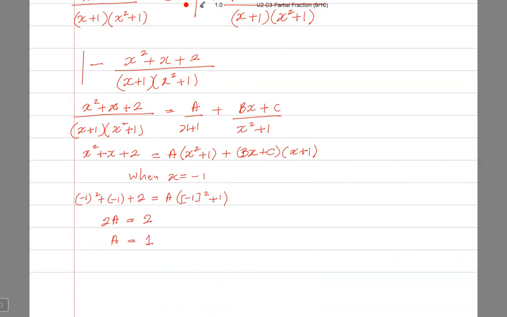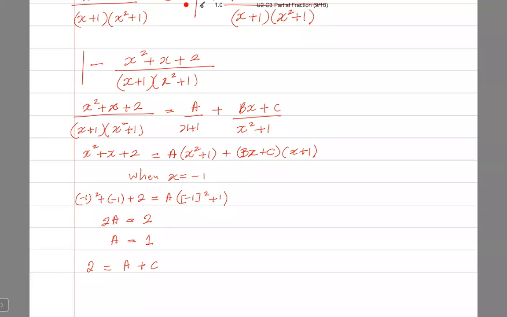Now that I have a, I need b and c. All right. What else can I do? I can say when x is equal to 0, or I could look at the constants. I could equate constants. On the left, the constant is 2. On the right, the constants would be a plus c, but a is 1.